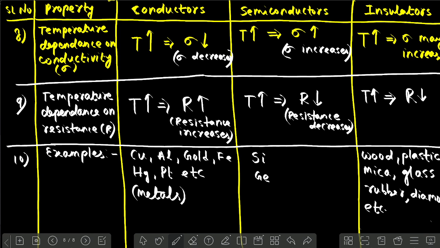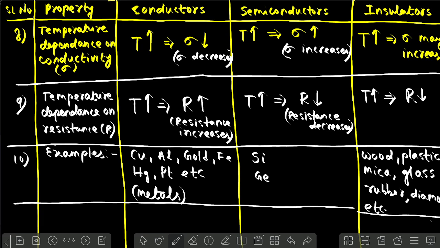Now all of you listen. You understood all these points. Another point you can get is about electron density. If you want, write it as the last point. Per meter cubed, how many electrons can you get in conductors?